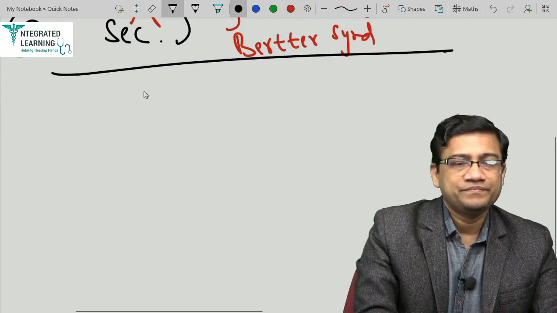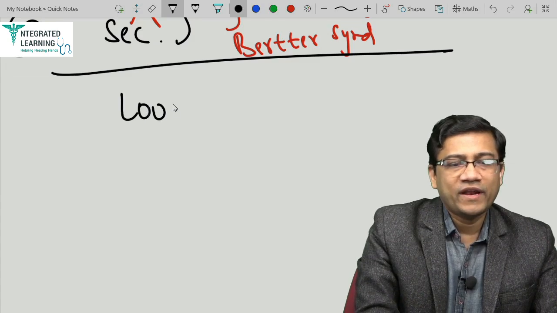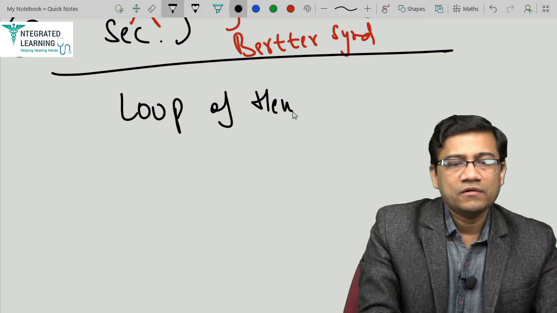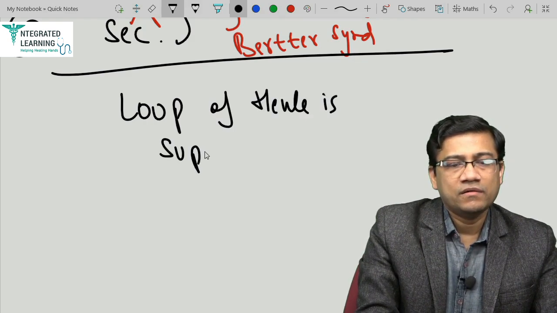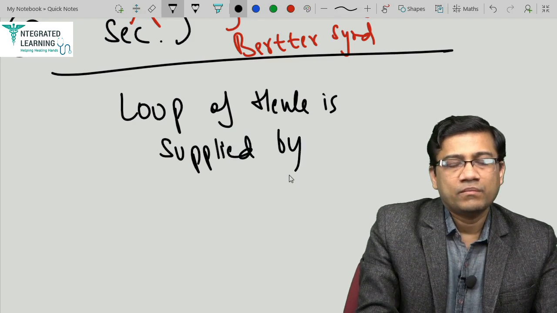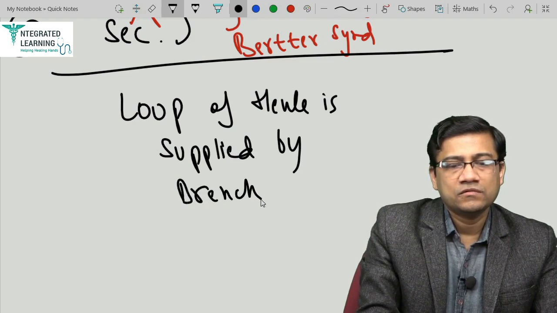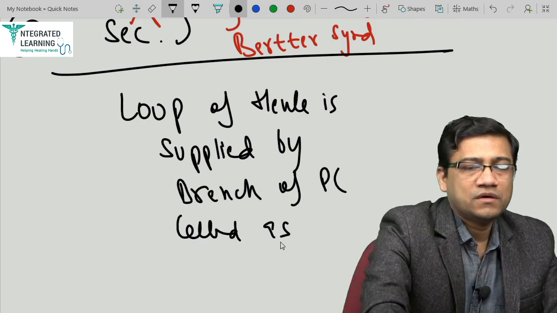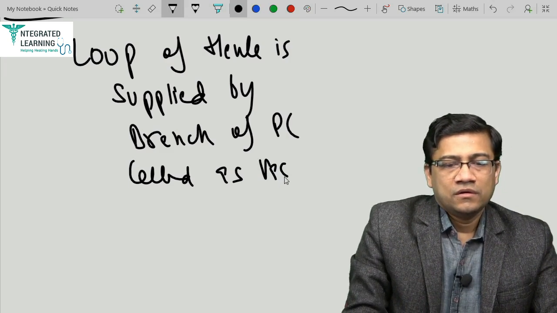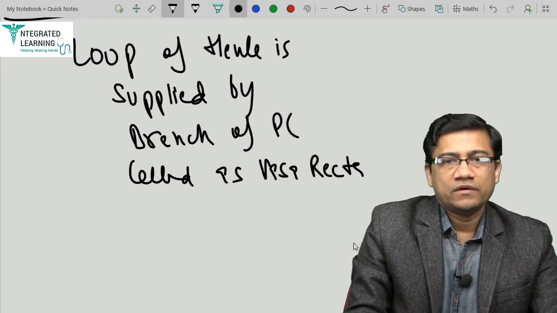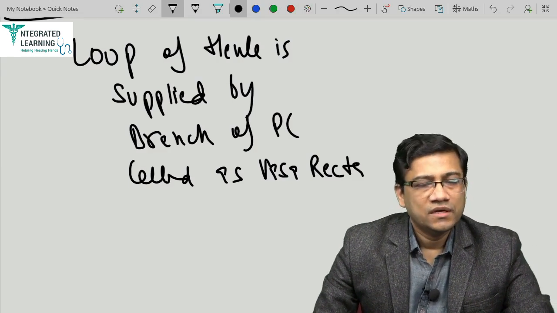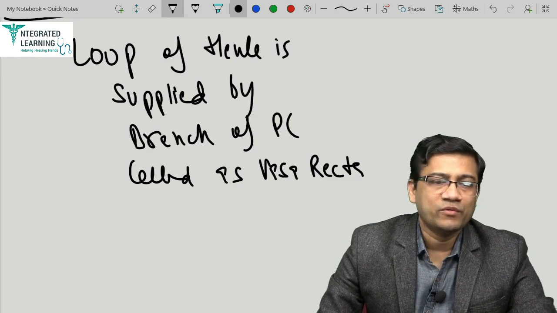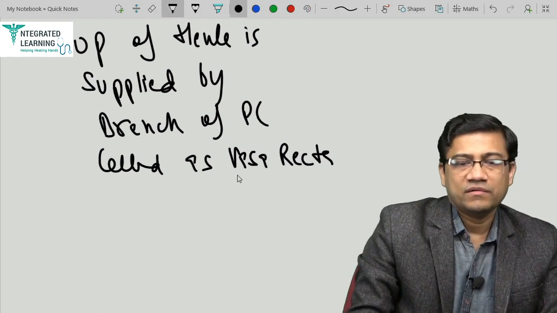The loop of Henle is supplied by a branch of PC called vasa recta. So what is vasa recta? It is the branch of PC which is supplying the loop of Henle. So it is in the medulla.